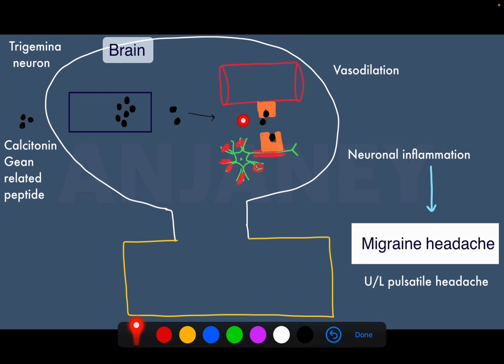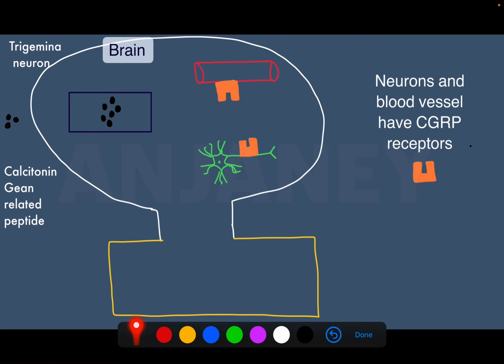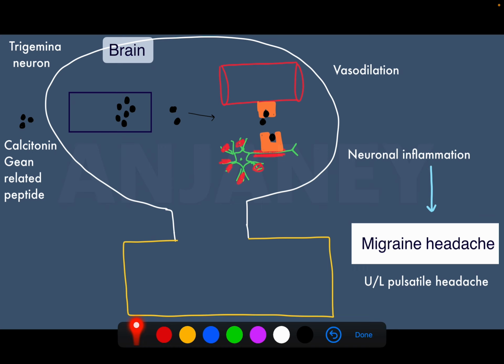When this acts on blood vessel, there is vasodilation, and when it acts on neuron, there is neuronal inflammation. Now when there is vasodilation, there is increased blood flow, and this leads to headache. So we have two problems: vasodilation and neural inflammation, which cause migraine headache, and it is a unilateral pulsatile throbbing headache.